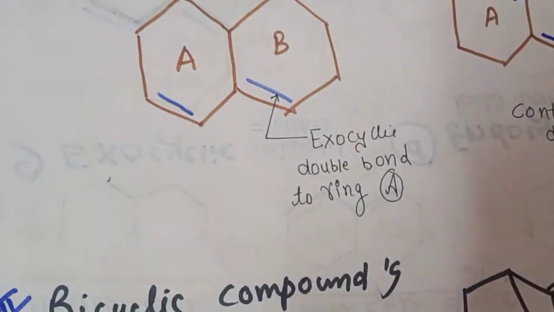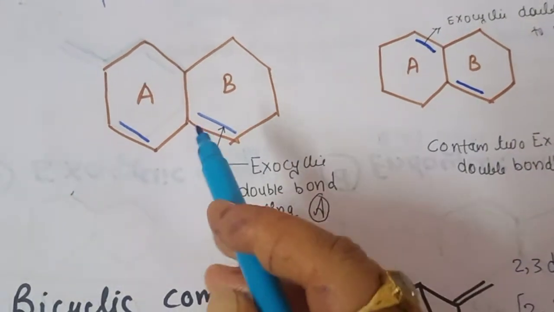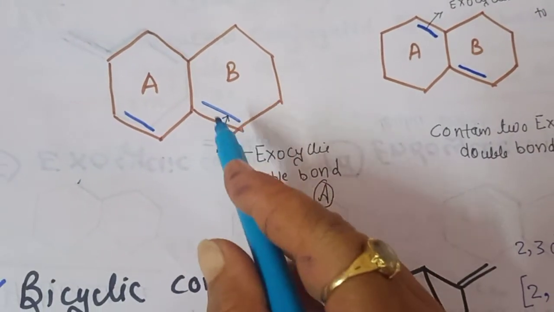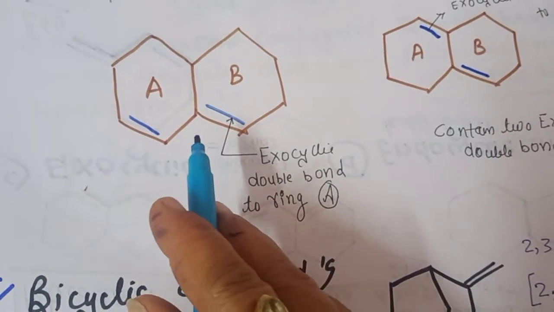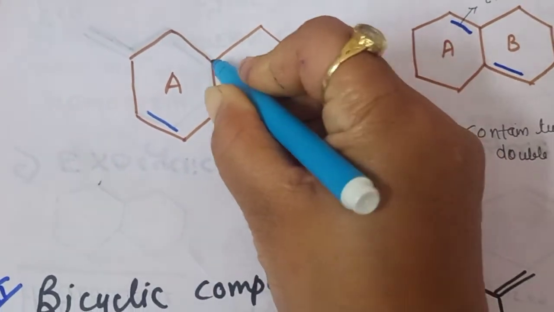So the important terminology: suppose these are two rings, A and B. This bond which is in the B ring will be termed the exocyclic bond for ring A, because ring A completes here itself.